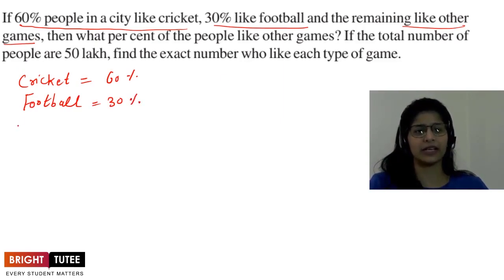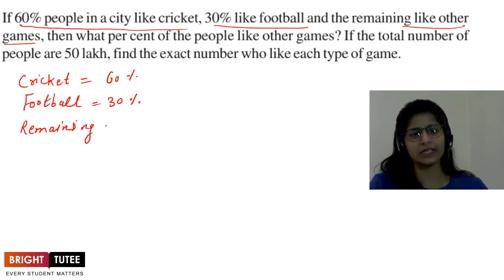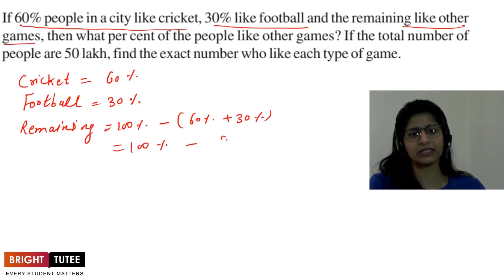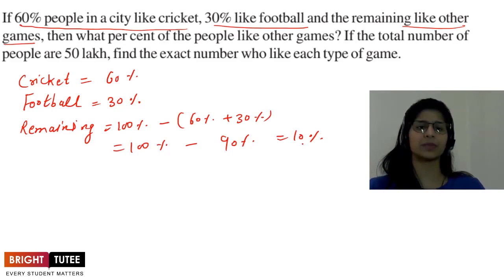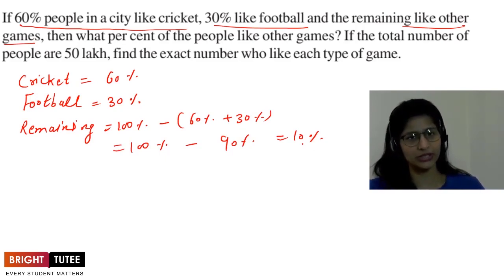And for the remaining, how much are we left with? Total is 100%. 60 plus 30 is 90. So 100% minus 60% plus 30%, we get 100% minus 90%. So we are left with 10%. There are 10% people who like other games other than cricket and football.